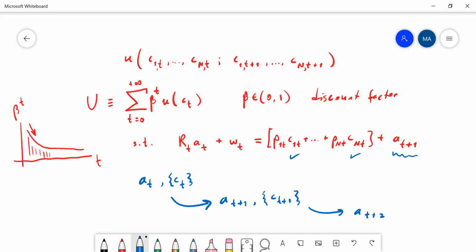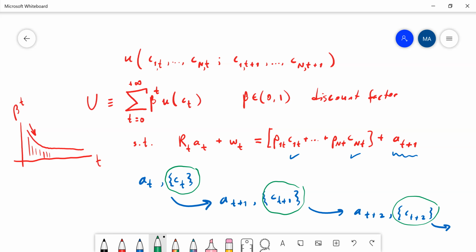Okay, so this is the chain reaction, and that goes on. Then I will choose my consumption again, and that will affect my future asset stock. Okay, so I want to do this in such a way that this sequence of consumptions, I mean, there is now a sequence of consumption levels, are maximizing my utility.